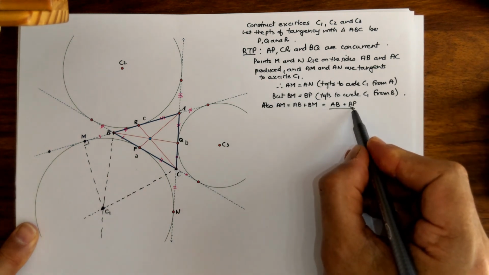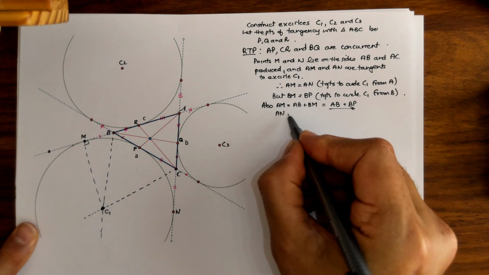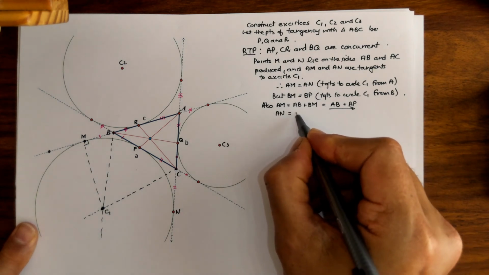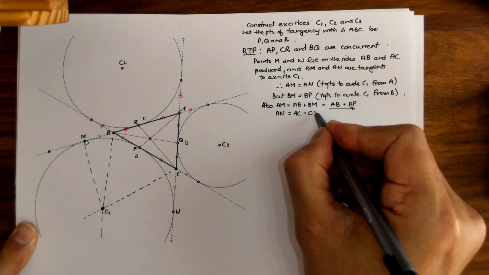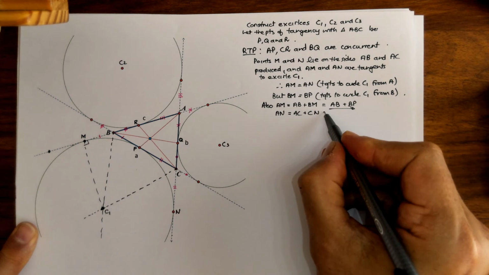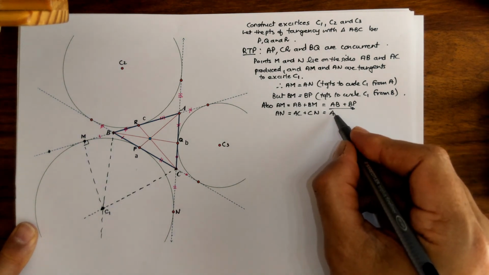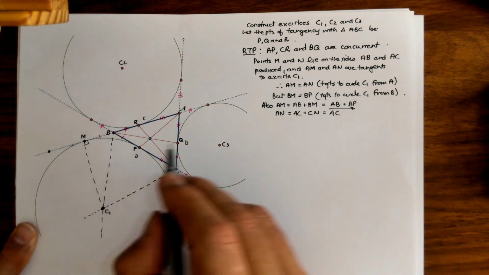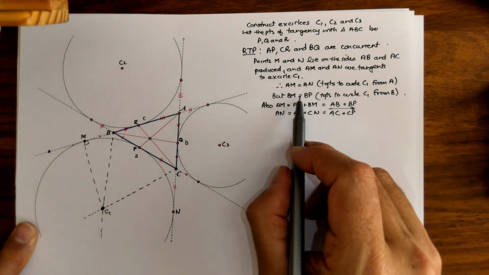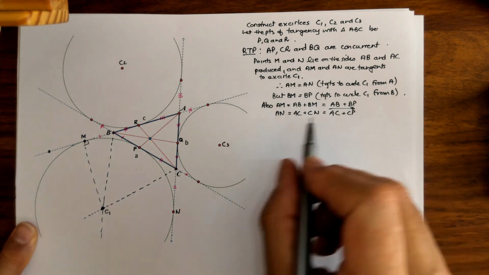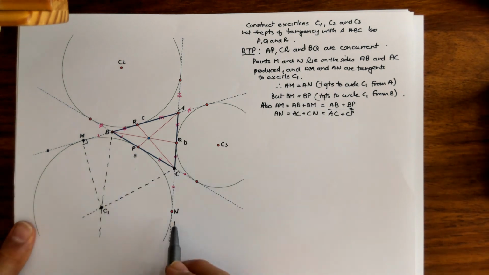Now by the same token, AN is equal to AC plus CN, which then makes it equal to AC, the side of the triangle, plus this portion CP. Okay, and that's for the same reason that the tangents from the point C to the E circle are equal to each other.